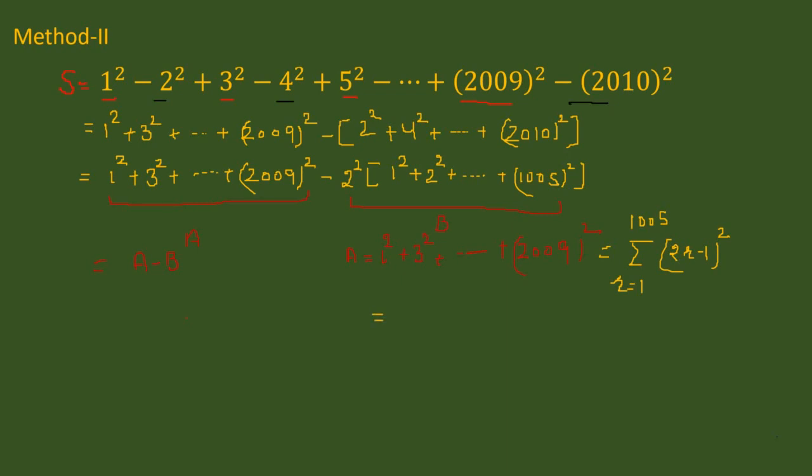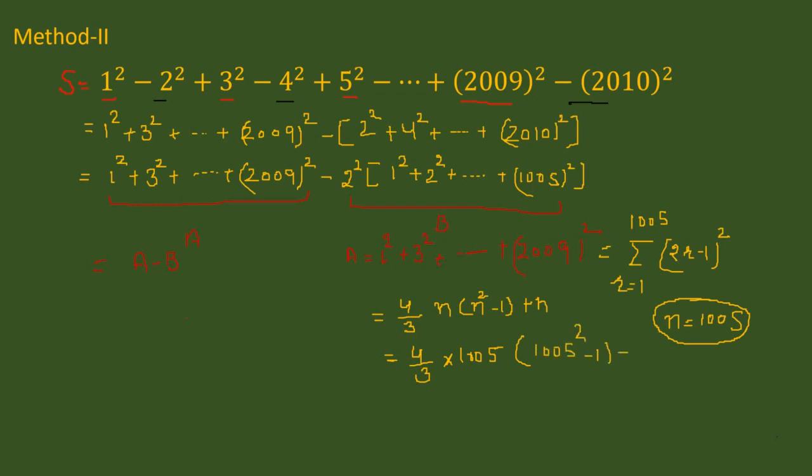Now you can use formula number 2 as we stated earlier, 4/3 n (n square minus 1) plus n. So what is n here? n is 1005. Now put the value of n: 4/3 times 1005 (1005 square minus 1) plus 1005.